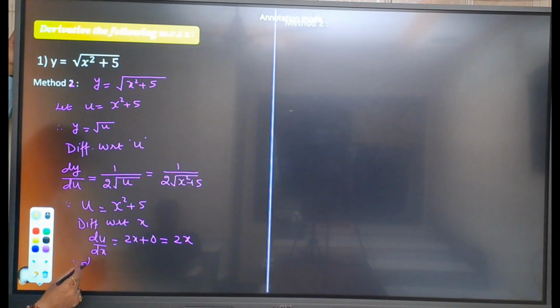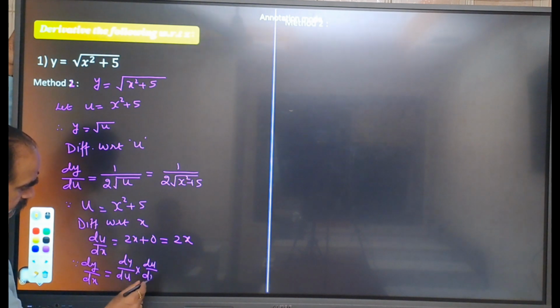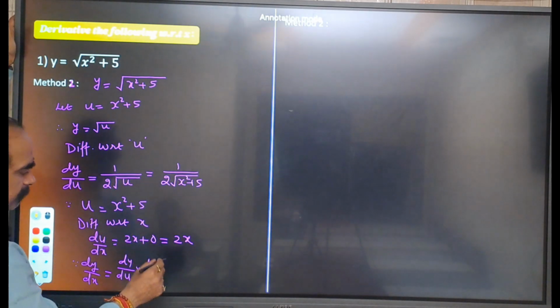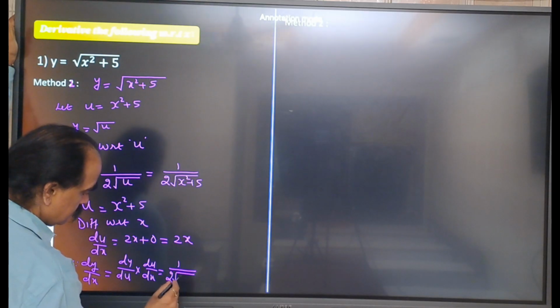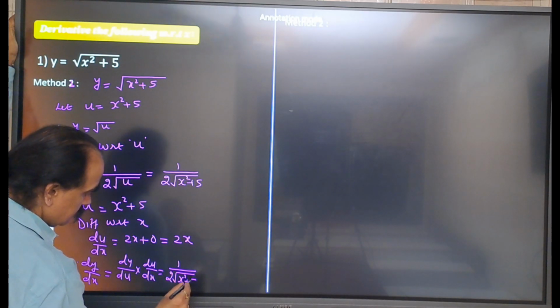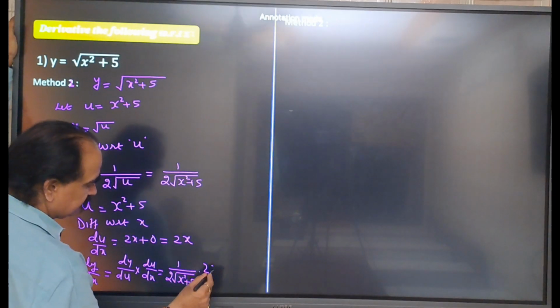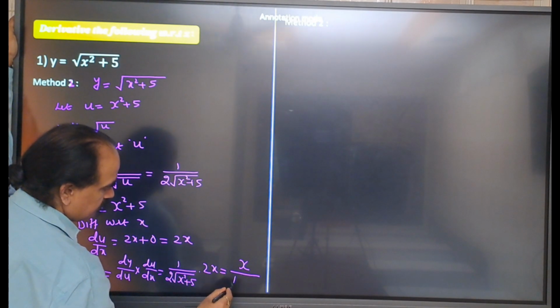Since derivative of y with respect to x is derivative of y with respect to u into derivative of u with respect to x, that is 1 upon 2 root u into 2x, will give you x upon root x square plus 5.